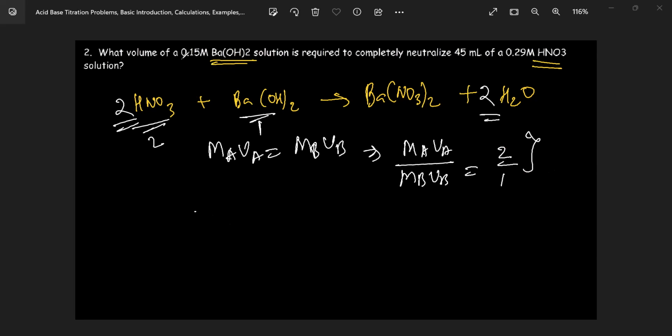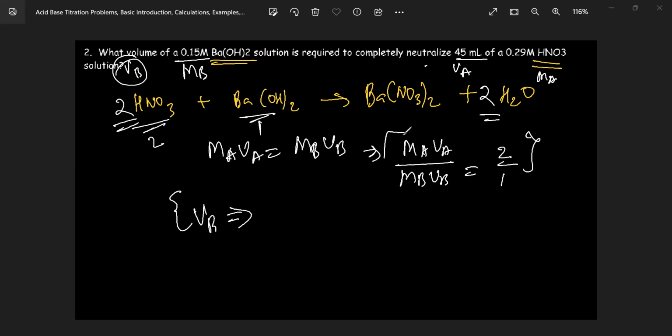Now let us see what is not known in the equation. The molarity of the base is given, so this becomes Mb. The volume of acid is given, 45 ml, and the molarity of acid is given. So we know that the volume of base, Vb, is missing. We will have to find out the value of Vb.